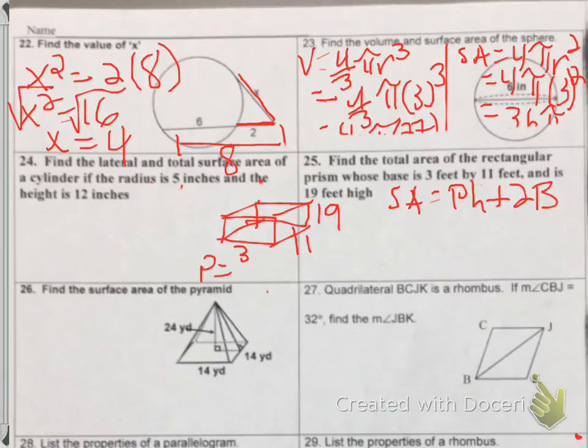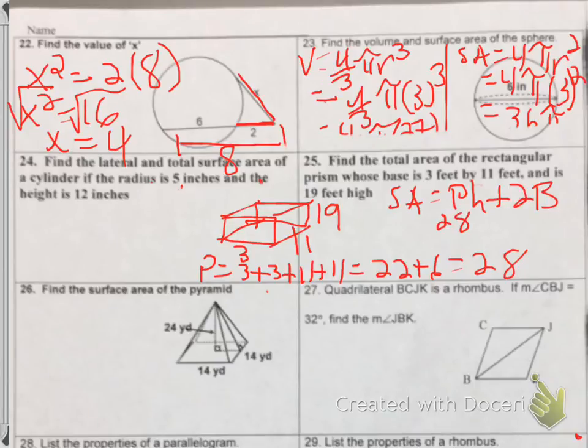So we look at the perimeter of the base, the dimensions are 3 by 11, so 3 plus 3 plus 11 plus 11, or you could do 3 times 2 and 11 times 2. 3 and 3 is 6, 11 plus 11 is 22, plus 6, okay, no, sorry, I'm wrong, that gives you 28 for that part. So you get 28 for the base.